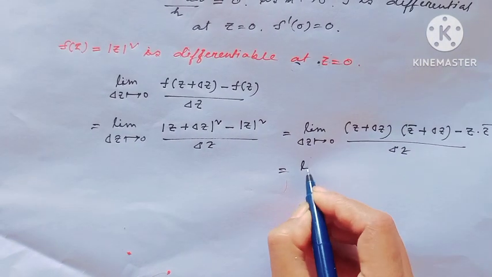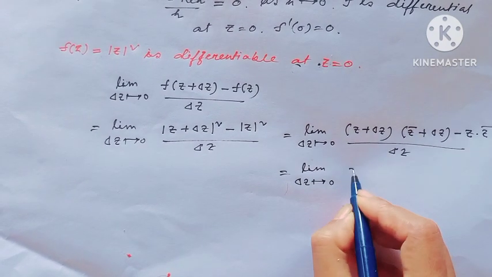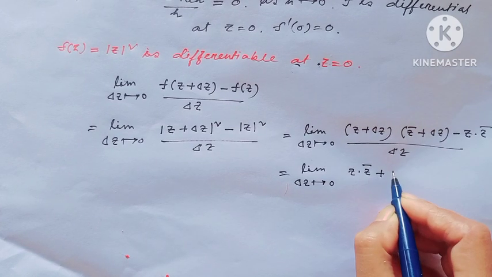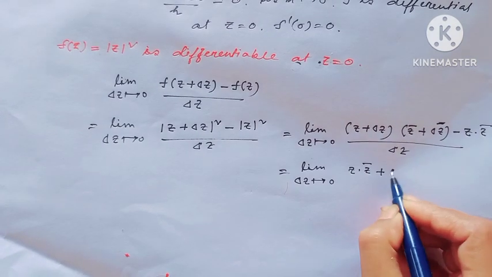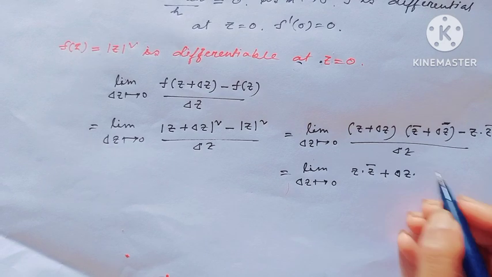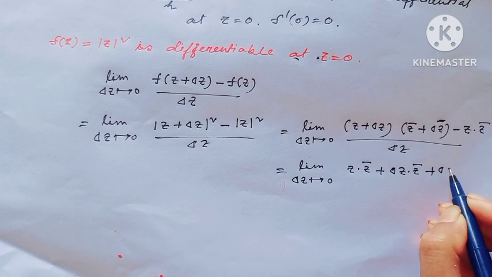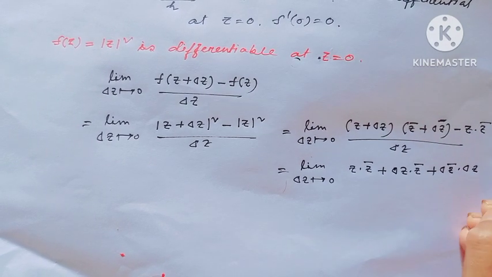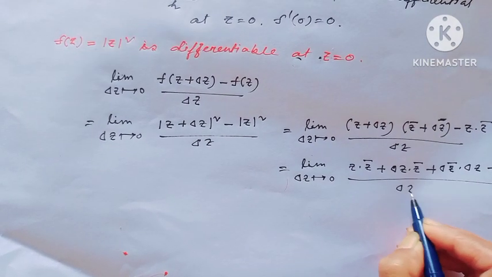Then this value would be the limit as delta z goes to 0 of (z z bar plus, sorry, here also, z delta z bar plus delta z z bar plus delta z delta z bar, minus z z bar) over delta z.